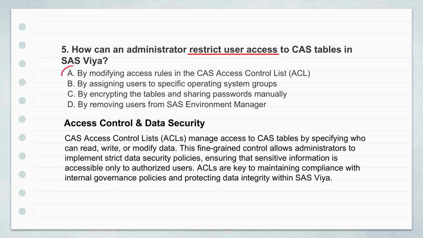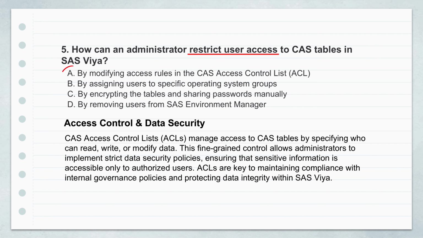SAS ACLs. So these are specific permissions set directly on the data tables within SAS itself. Yes. SAS ACLs provide a very fine-grained mechanism for controlling access to specific SAS tables. Administrators can define precisely what actions individual users or groups are allowed to perform, whether it's just reading data, writing to it, or even modifying its structure. Wow. Okay.